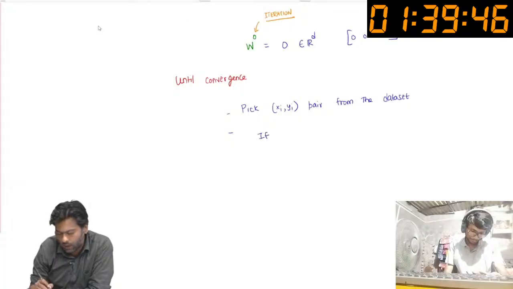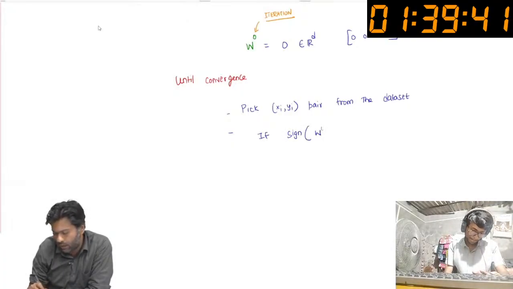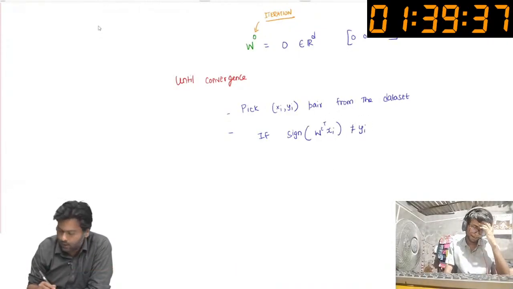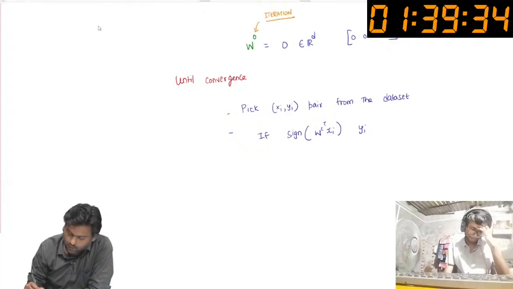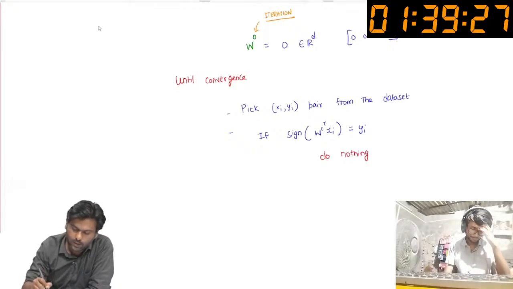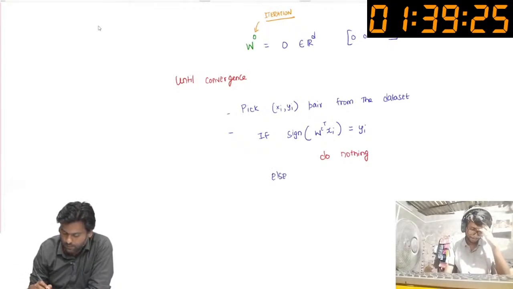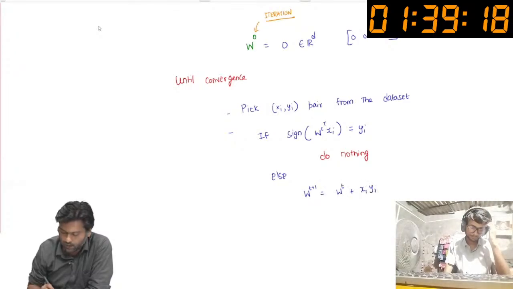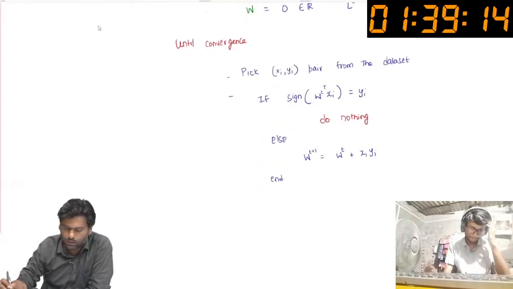If sign of W_t transpose xi is equal to yi, then do nothing, and we will talk about what the step means. Else, W_(t+1) equals W_t plus xi times yi, and that is it.